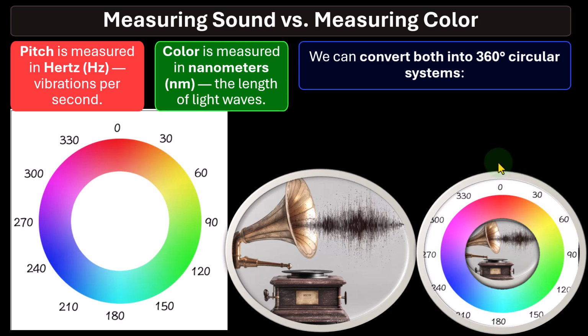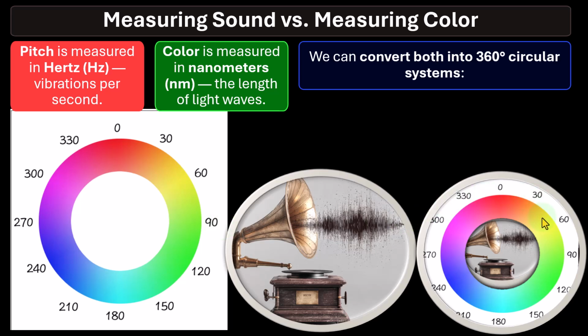And that's going to be the letters that we are going to be applying. So these numbers over here do not represent hertz. They do not represent nanometers. They represent the relative position if I convert these two distances to an evenly spaced 360 degree distance, right? And then I can map it onto the circle.